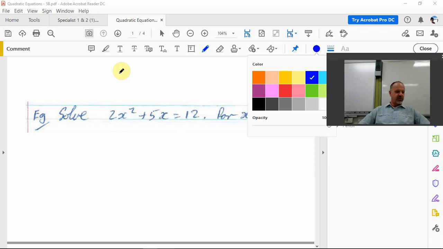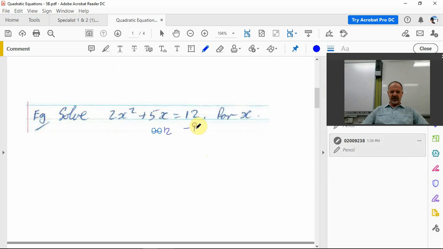All right, so here's an example, and this example here is for us to solve 2x squared plus 5x equaling 12. So first of all, we need it to equal 0, so we need to take 12 from both sides. So we've got 2x squared plus 5x take 12 is equal to 0. And we then need to factorise that in some way or other.